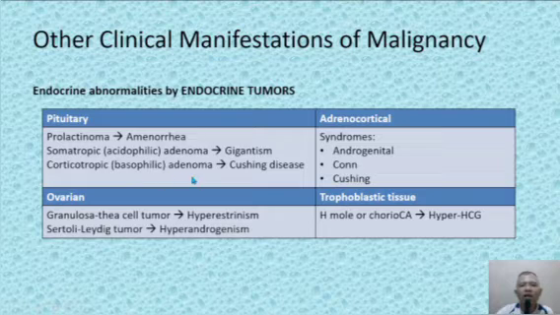Corticotropic basophilic adenoma leads to Cushing's disease. Okay, so for example, this one also, the granulosa theca cell tumor leads to hyperestrinism. For hydatidiform mole, you have increased HCG production.